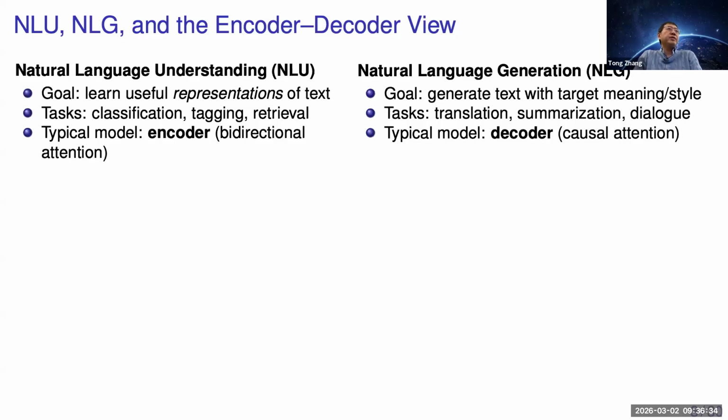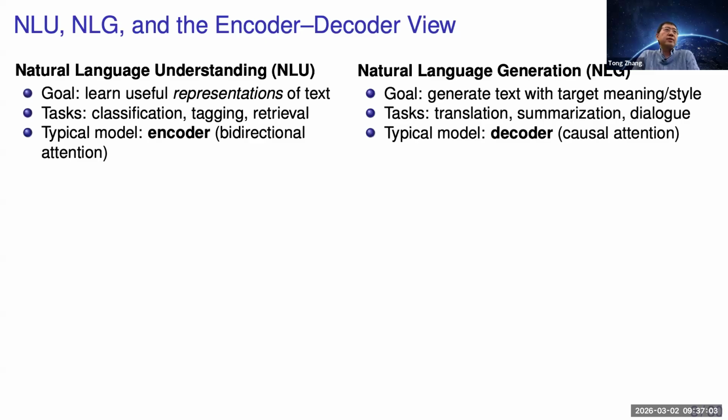And what differentiates the encoder and the decoder? Only one thing: one uses bidirectional attention, the other uses causal attention. Basically, this is just to refresh your minds. Natural language generation is the decoder, if you remember the lecture. So you just generate a sentence.